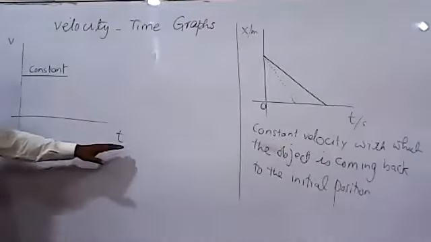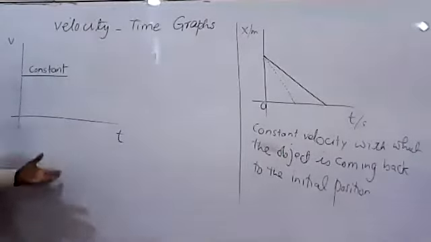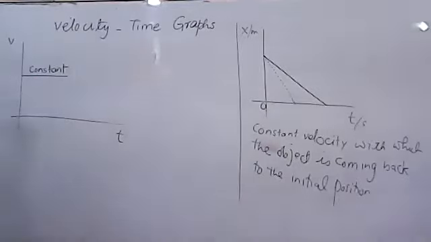You will see most of the time units are not mentioned because perhaps that doesn't matter much as far as the shape of the graph is concerned. It could be any units, and if you can understand what this shape means, then without taking care of the units, you can describe the way the object is moving.